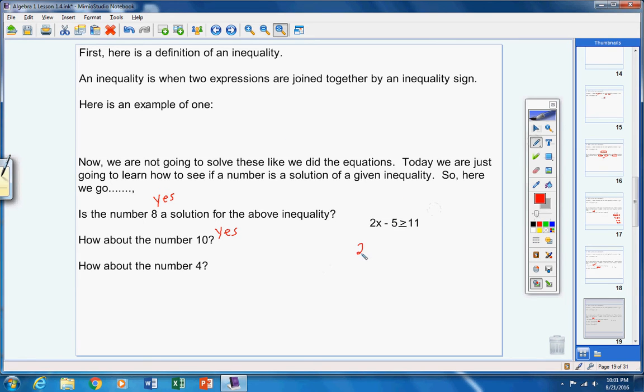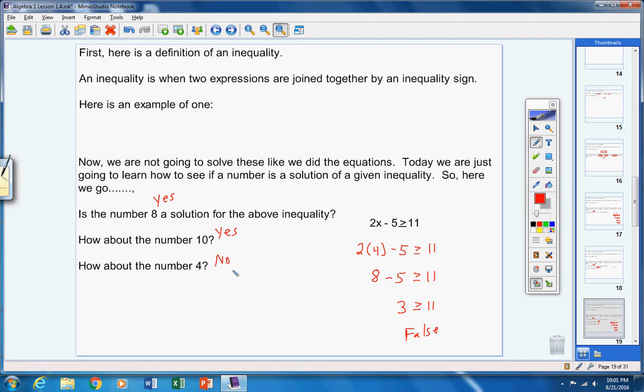Where x is, I will substitute 4. 2 times 4 is 8. 8 minus 5 is 3. Is 3 greater than or equal to 11? No, that's false. No, it is not. So is number 4 a solution to this inequality? No, it is not.